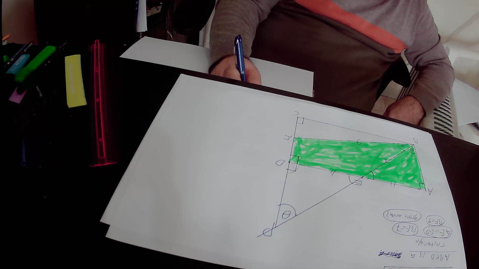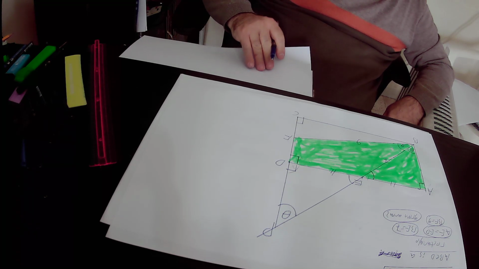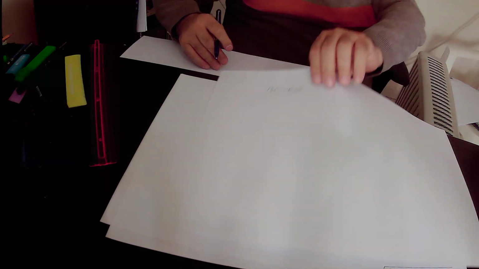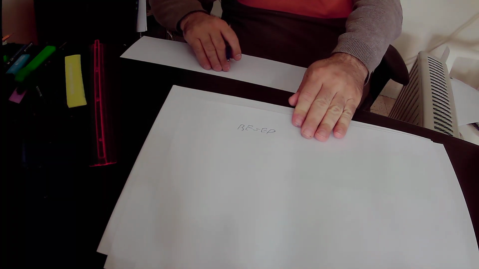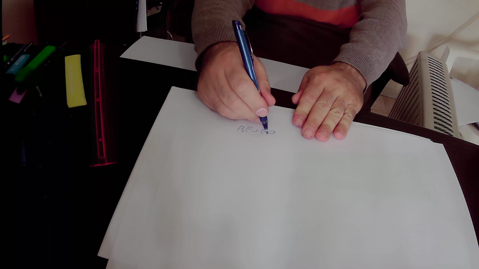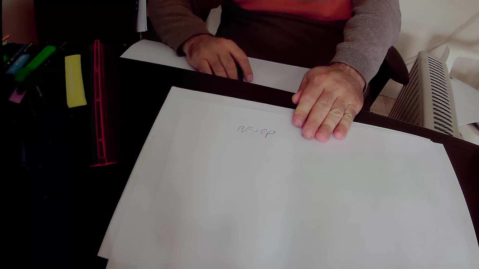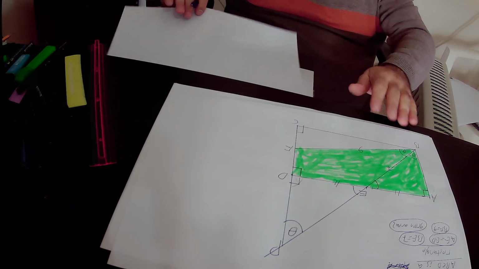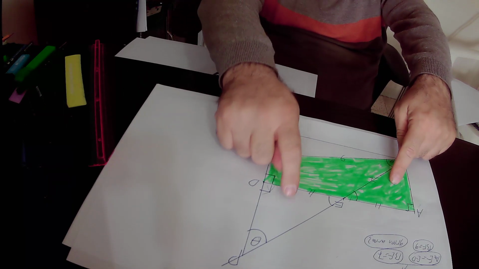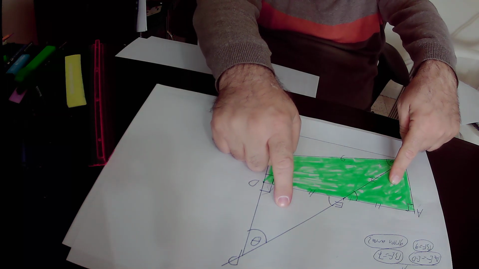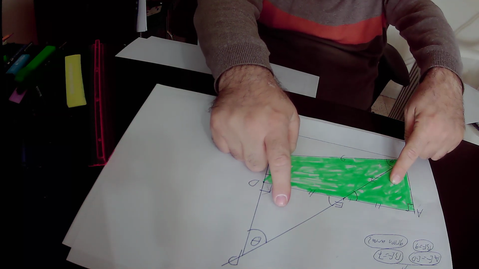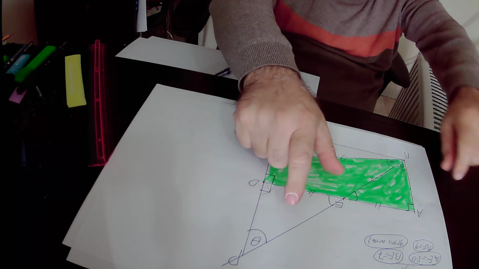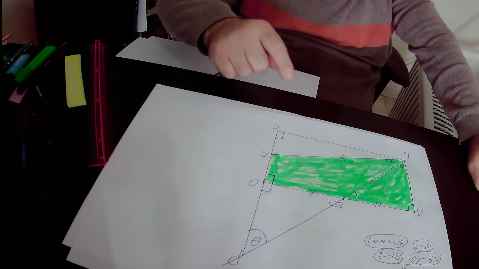BE equals EP according to the rule that corresponding sides in congruent triangles are equal to each other. Those two triangles are congruent, therefore the two corresponding sides, that is to say BE and EP, will be equal to each other.